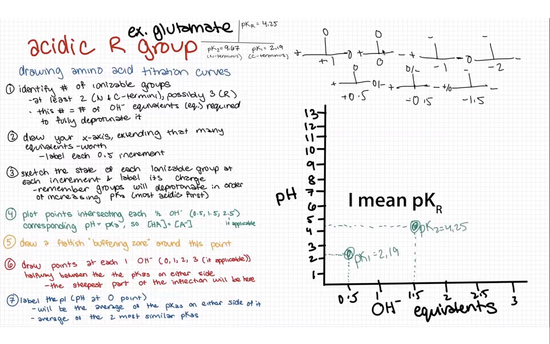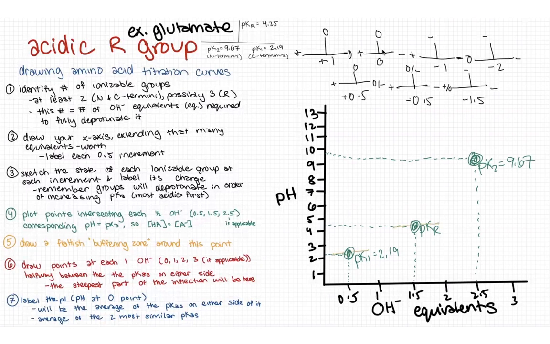Now, finally, I'm going to take that third pKa for our N-terminus, 9.67, come up over to 9.67 on my y-axis, draw a dotted line over to 2.5 equivalents, and plot this. Sorry, that was my pKr. This is going to be my pK3 equals 9.67.